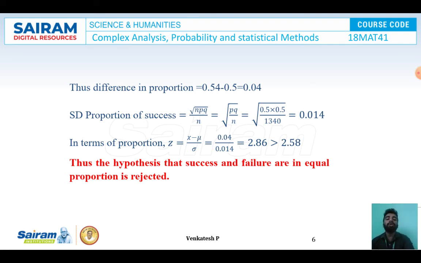Therefore we got Z is equal to X minus mu by sigma, that is 0.04 divided by 0.014. It is 2.86, which is greater than 2.58. So finally we can state that the hypothesis is wrong here. Hence the success and failure are not in equal proportion.